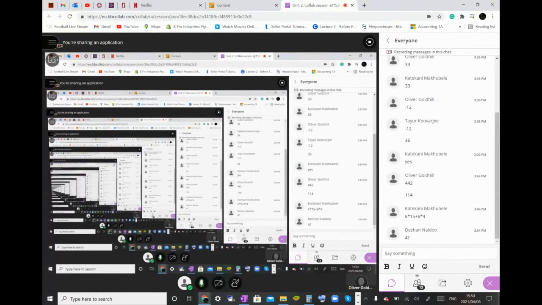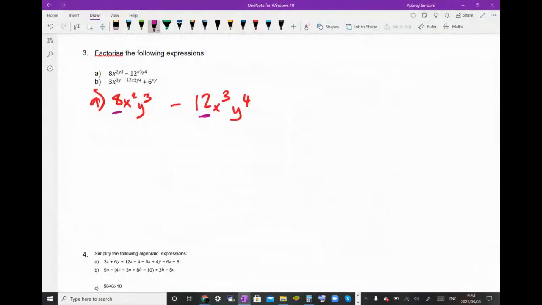The biggest number is 4. Yes, it is 4. So let's jot that down. So we have 4, which can go into both of those. Then in both of them we have X and we have Y. So we know we're also going to have X and we're also going to have Y on the outskirts there.